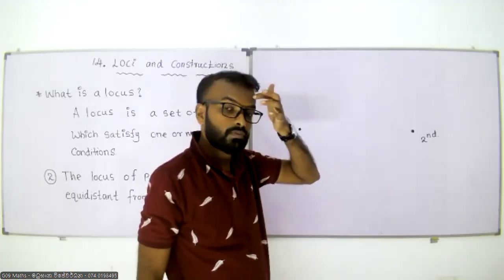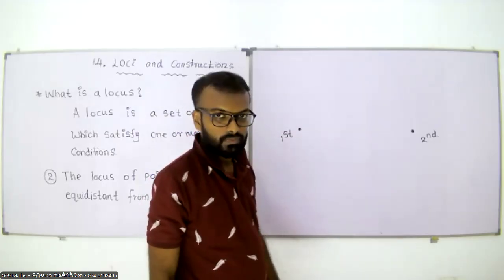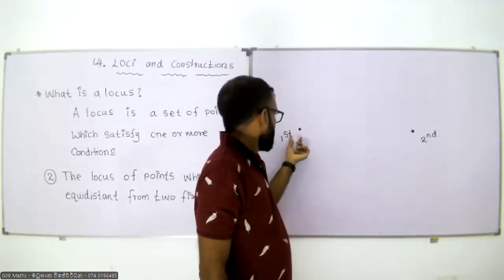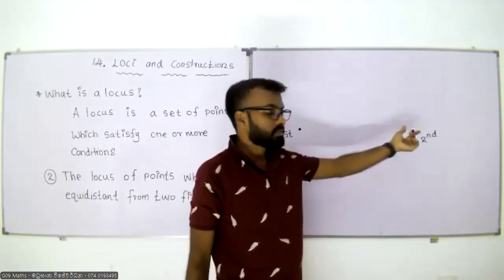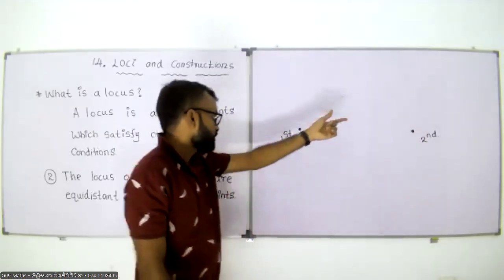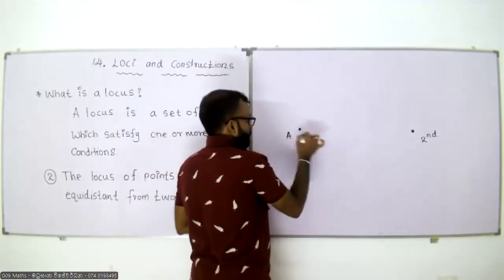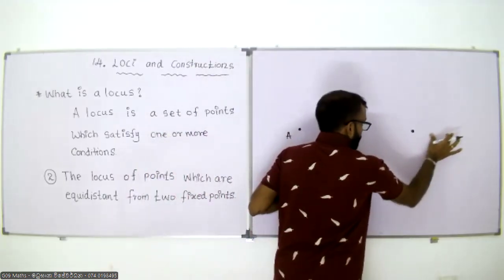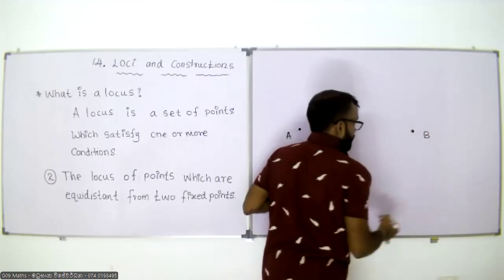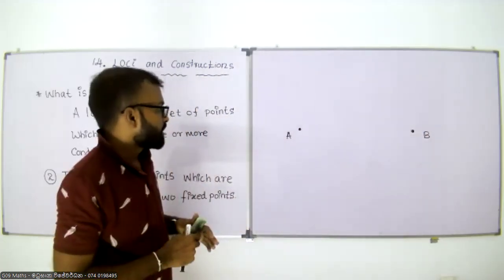So first of all, we are going to construct this. Please draw the first fixed point and second fixed point here. I will say this is A and this is B.